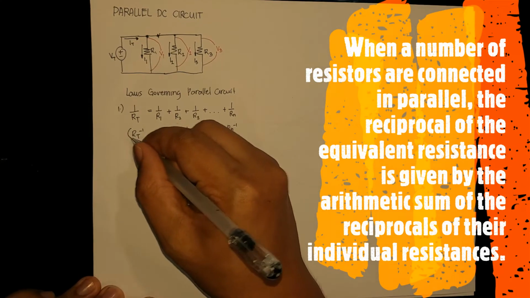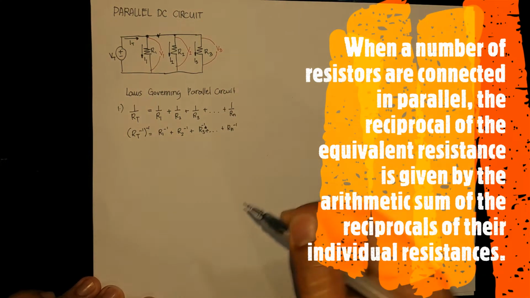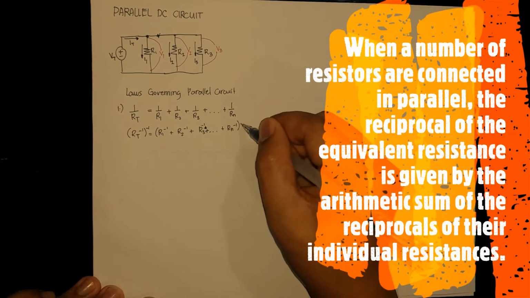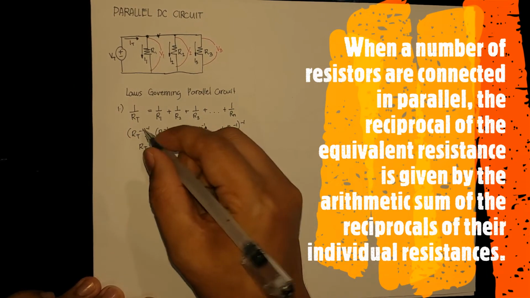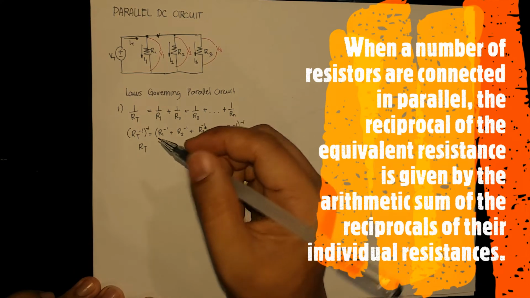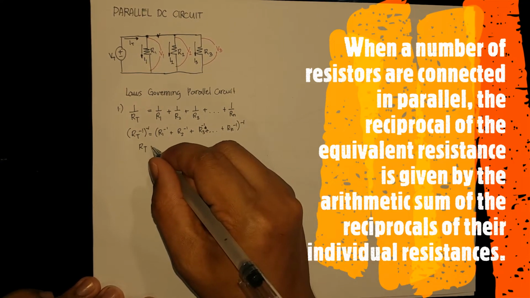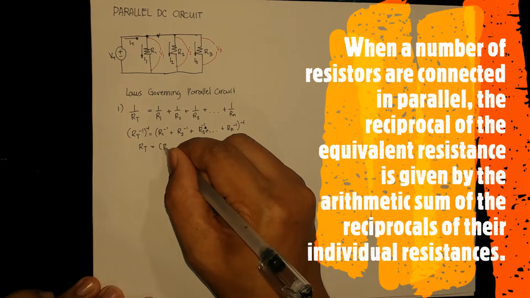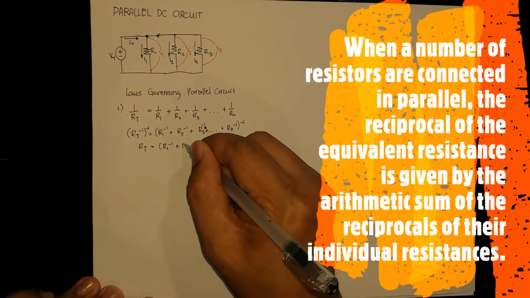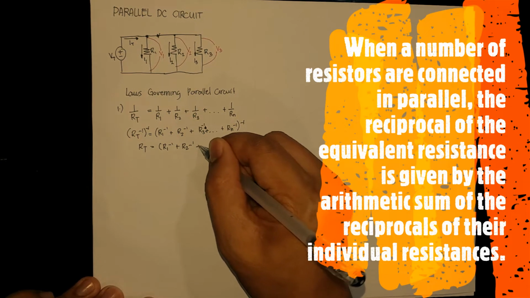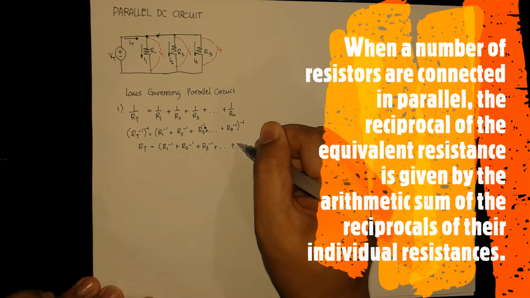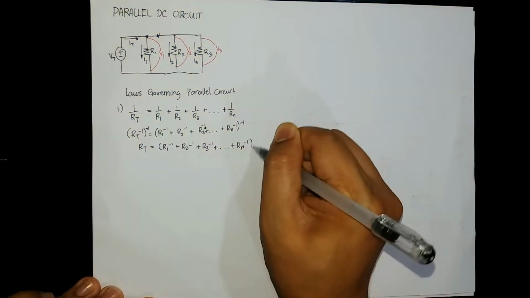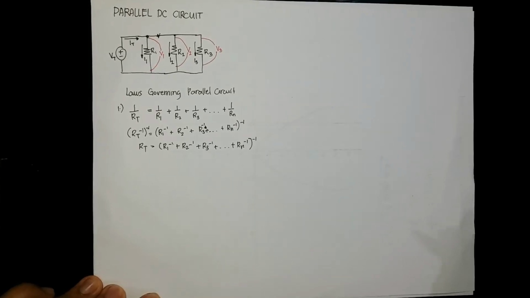So what you're going to do is raise both sides to the -1, making this as R1. -1 to the -1 is R1. So this is R total. So you have here R1 inverse plus R2 inverse plus R3 inverse plus Rn inverse. Then the answer inverse.